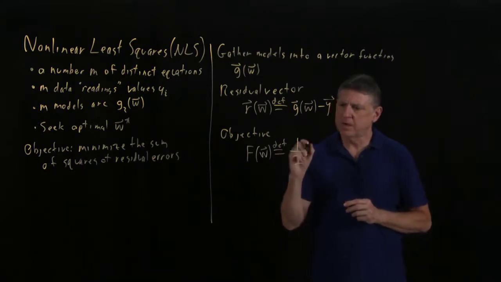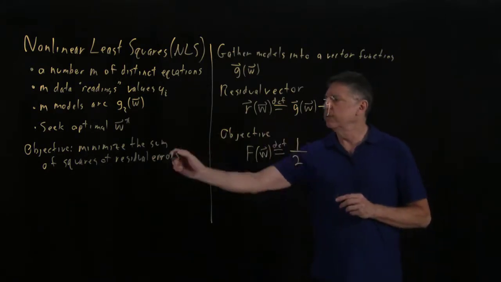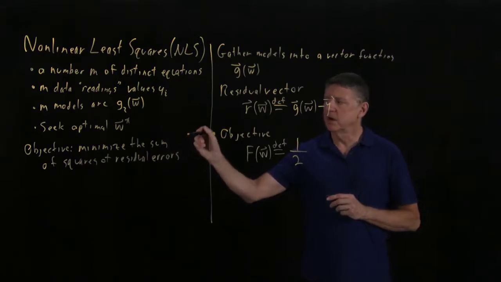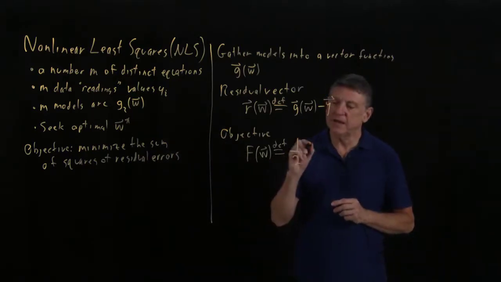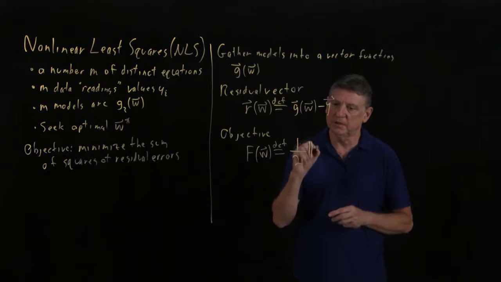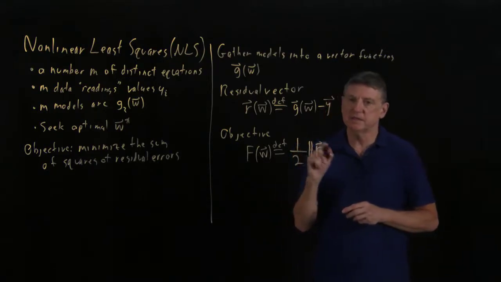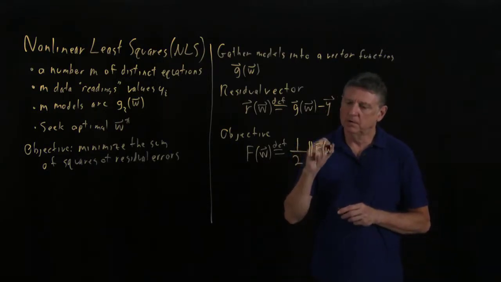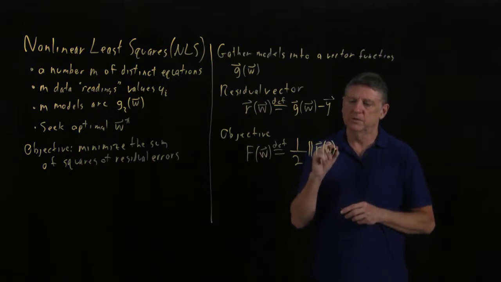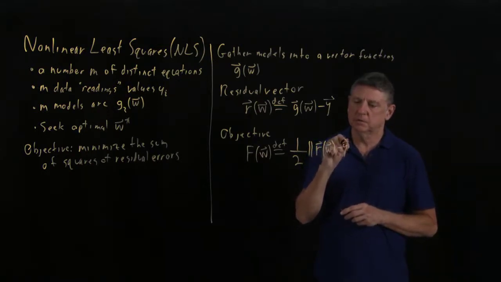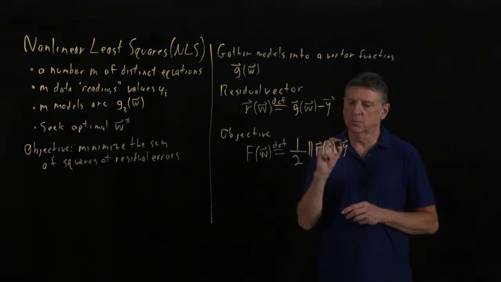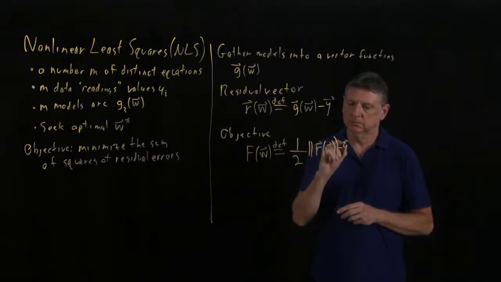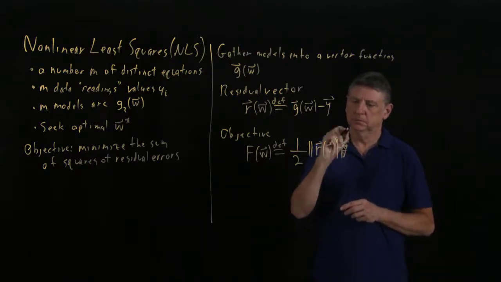So let's say it's 1/2, and if we say the sum of the squares of residuals, we can do that using the L2 norm, or the Euclidean norm. So we can simply say that this is the norm of the residual squared.